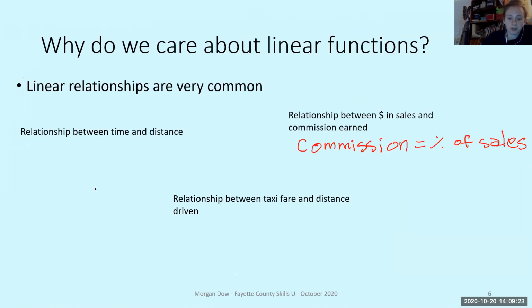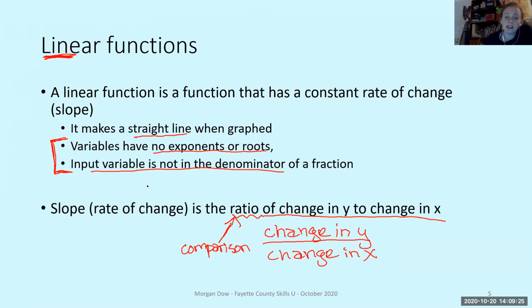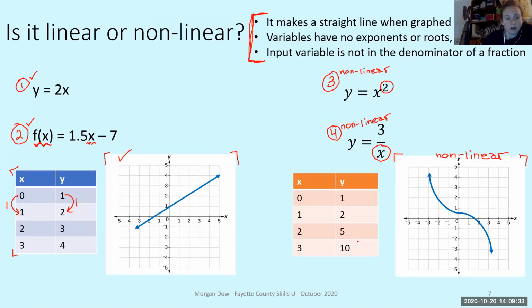And so, right, we said the rate of change is a comparison of change in y to change in x. So I just determined here that this ratio should be 1 to 1. The change in y was 1, the change in x was 1.